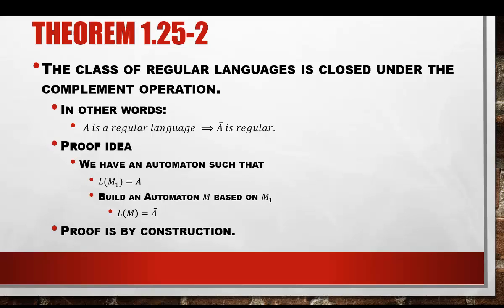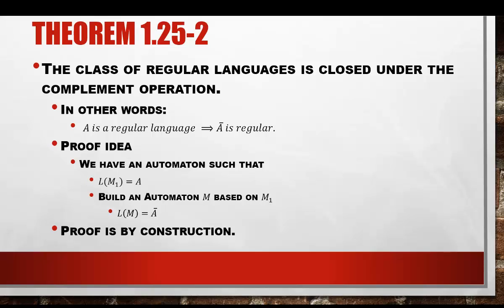And that has to do with the closure of the regular languages over the complement operation. So basically the theorem states: the class of regular languages is closed under the complement operation. In other words, if A is a regular language, then its complement is also regular.